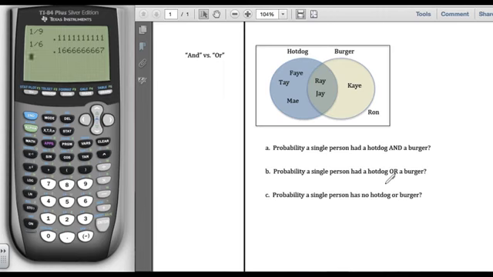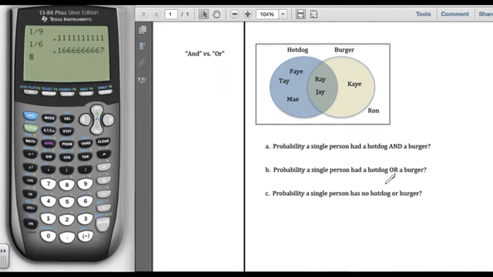Moving along, 2 keywords that we're going to see over and over throughout this chapter and into some future chapters as well are "and" and "or." Think about "and" to begin with as the overlap.